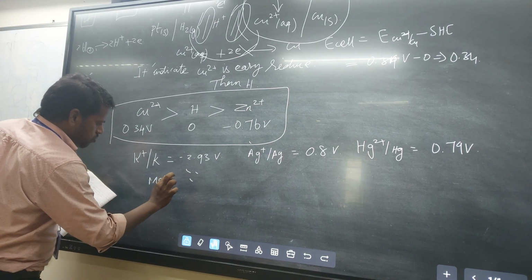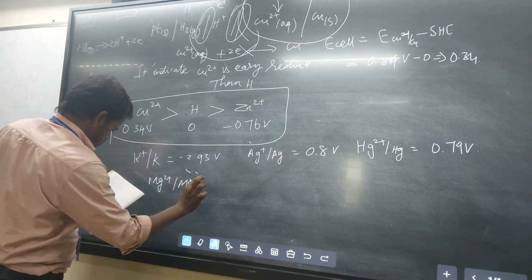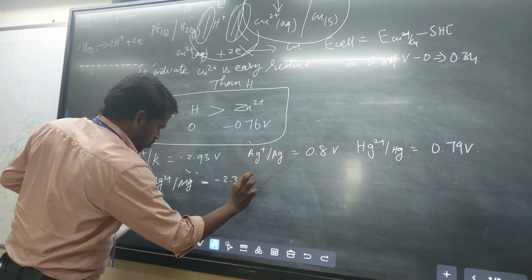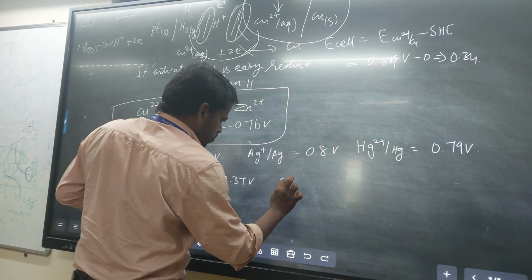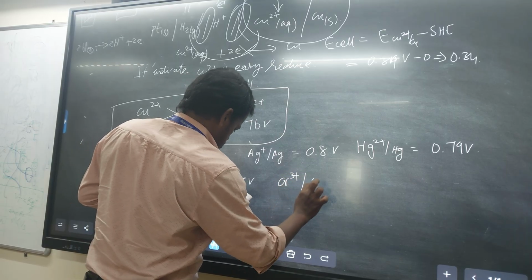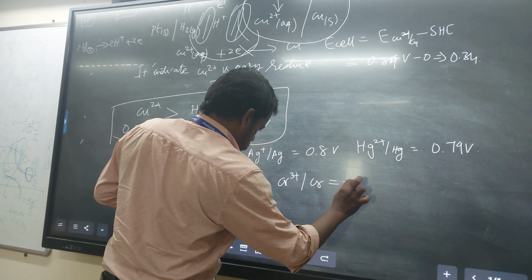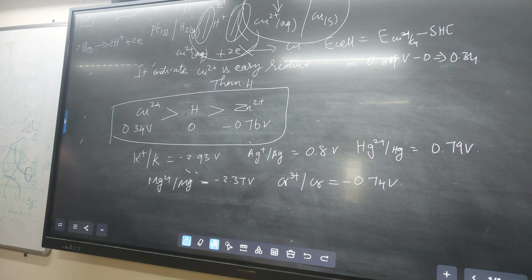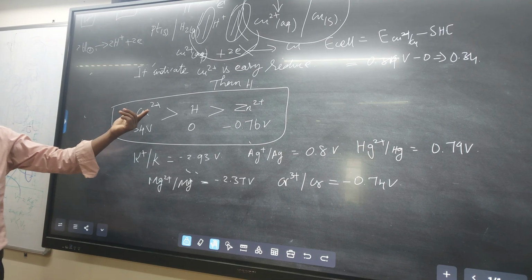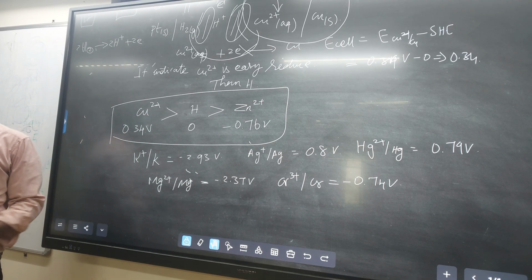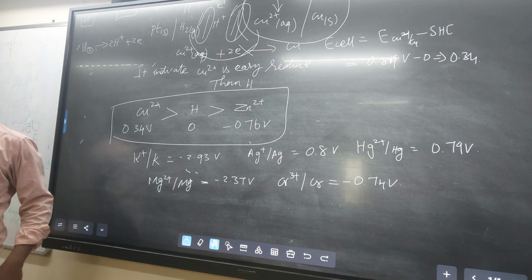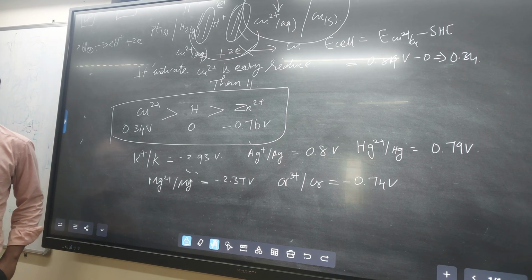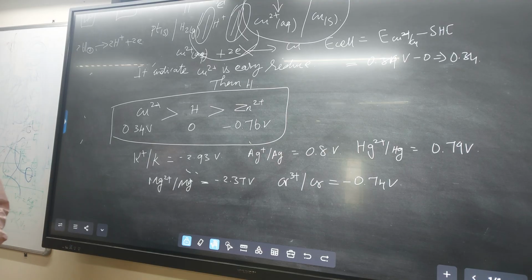Magnesium 2 plus becomes magnesium. Okay, you arrange these reduction potential values similarly. Which one is easy to reduce? You follow that order and arrange accordingly.